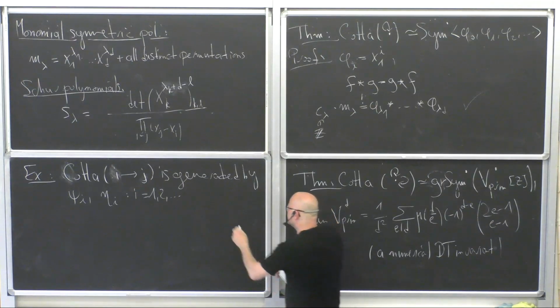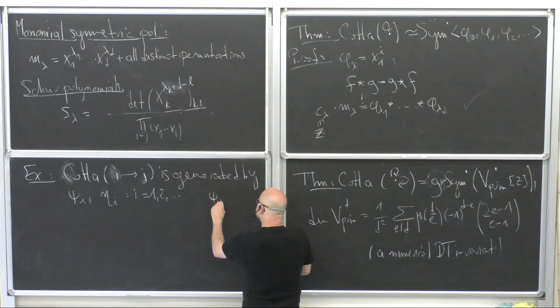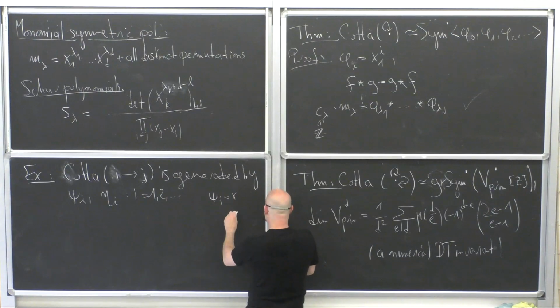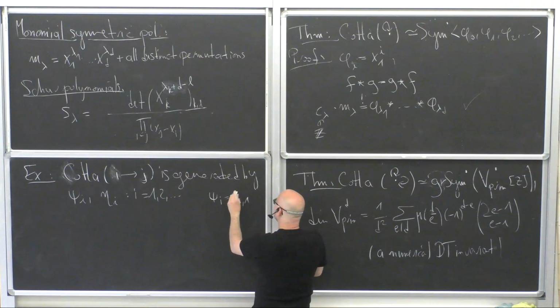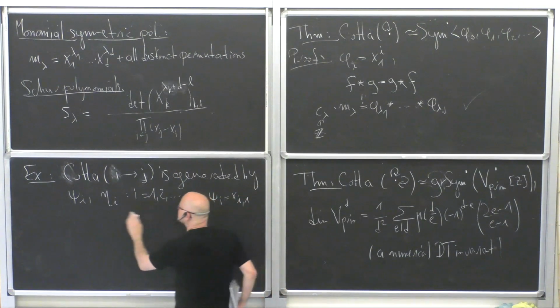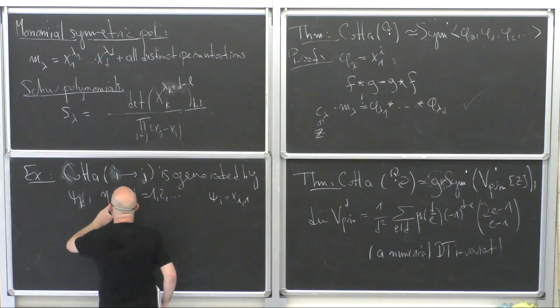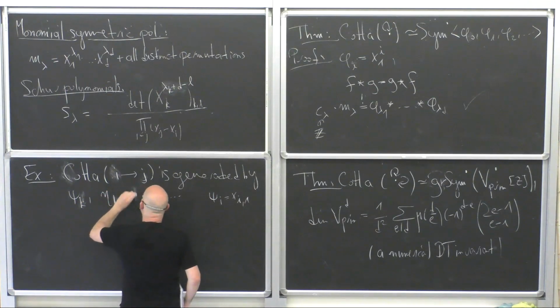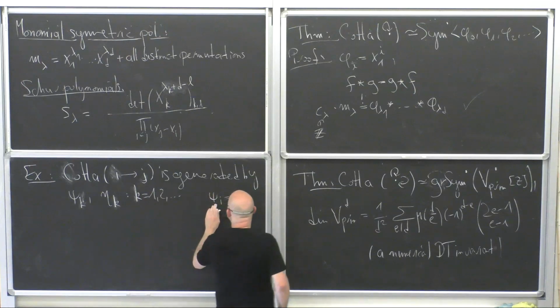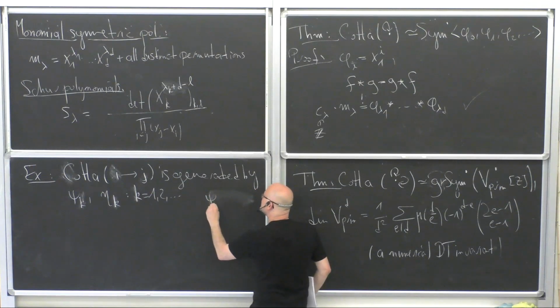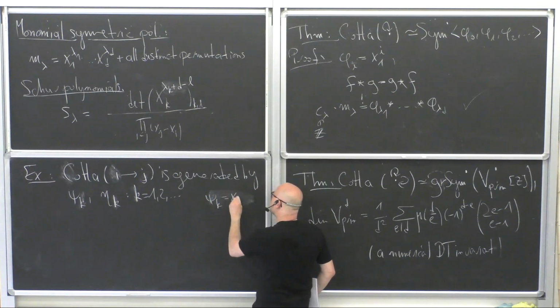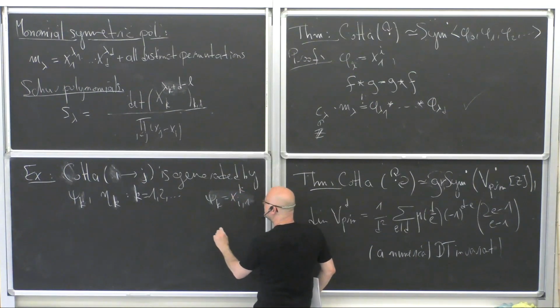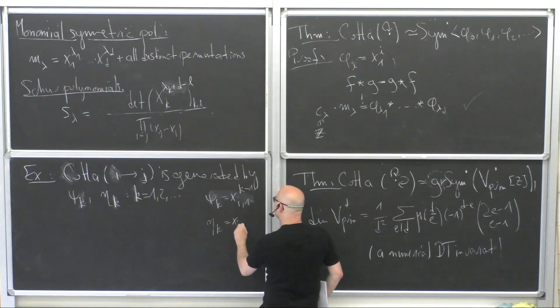The translation is as follows: psi k is xi1 to the k minus 1, and eta k is xj1 to the k minus 1.